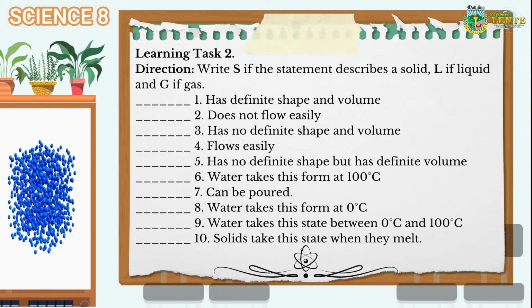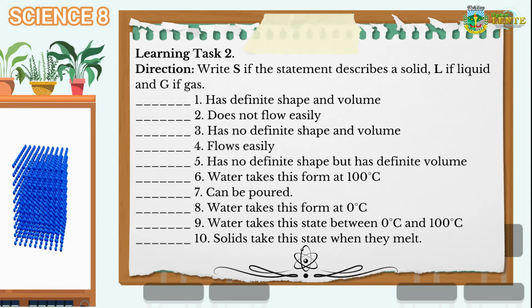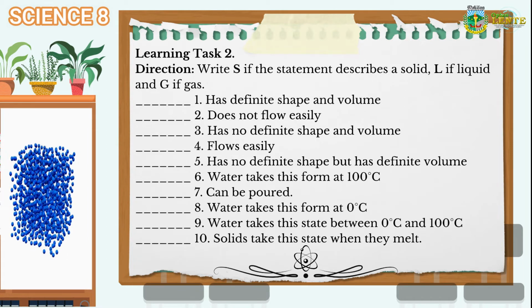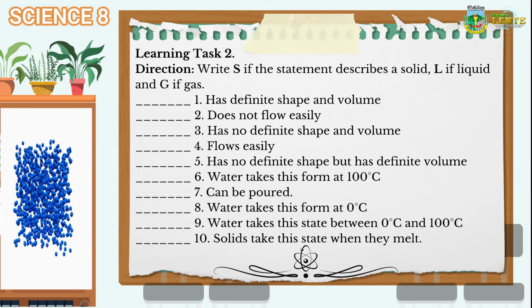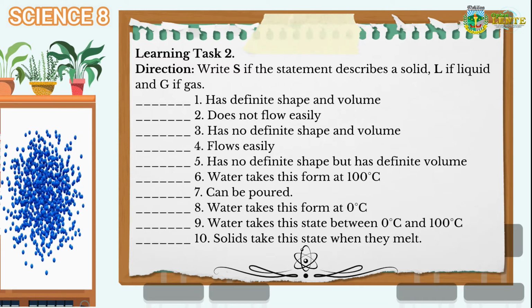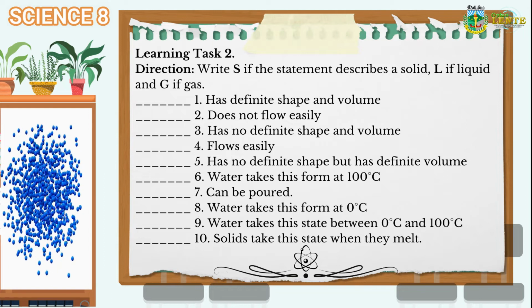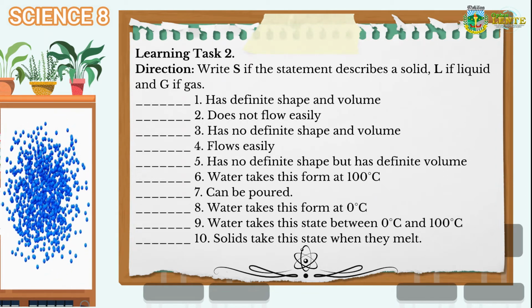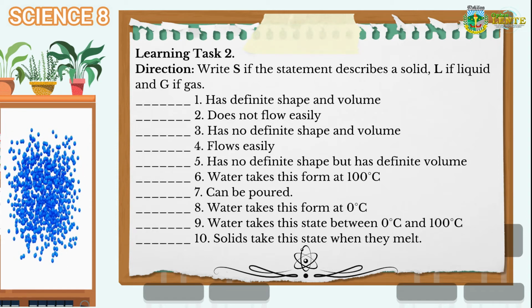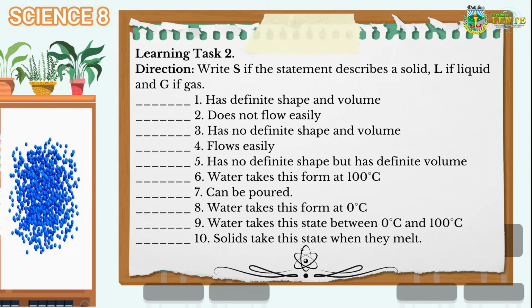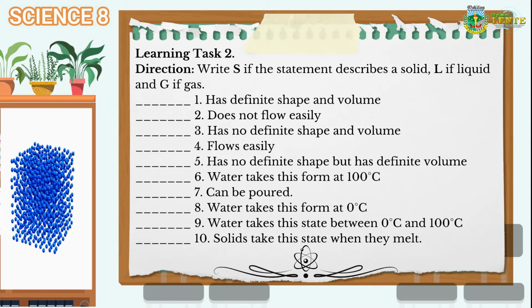Number 1. Has definite shape and volume. Number 2. Does not flow easily. Number 3. Has no definite shape and volume. Number 4. Flows easily. 5. Has no definite shape but has definite volume. Number 6.